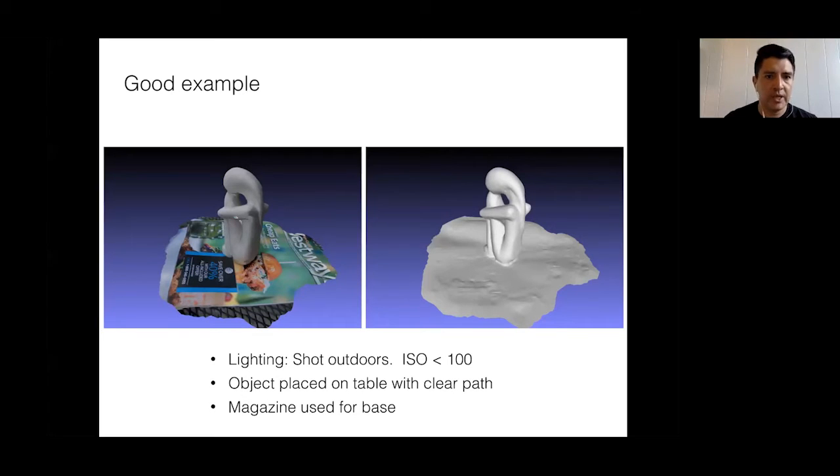What I shot was yesterday at about 5 o'clock. It's a statue, which is a good example, and I'll show the images later. I shot this outdoors, and all the images had ISO ratings of less than 100.